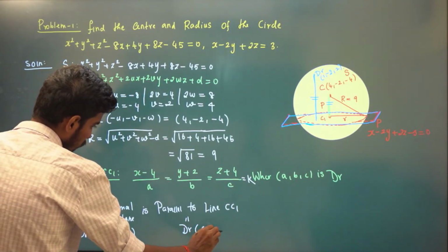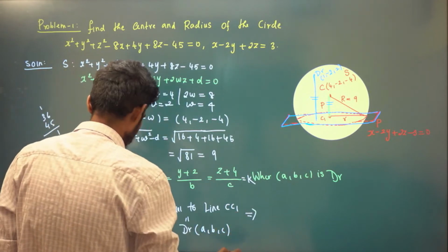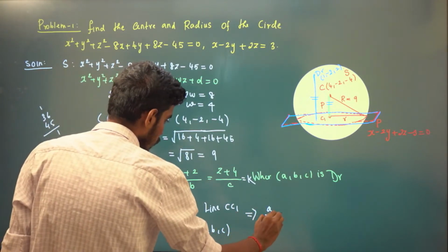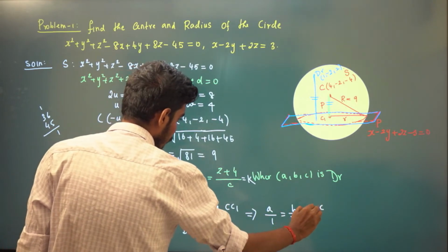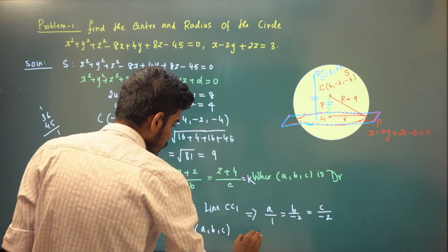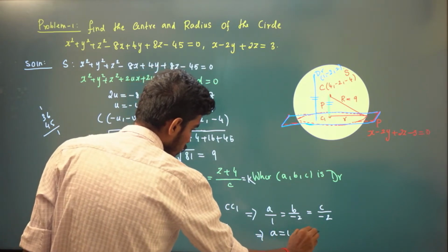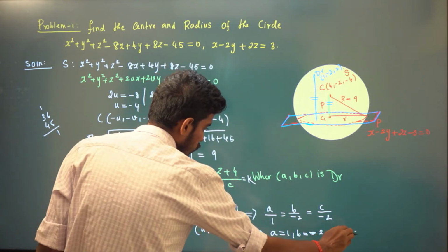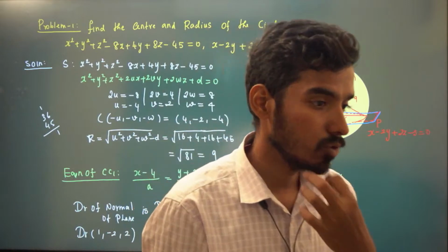It is A, B, C. So since they are parallel, A by 1 has to be B by minus 2, which has to be C by 2. This implies A is 1, B is minus 2, C is 2. So we have found the direction ratio of CC1. Is it clear up to now?